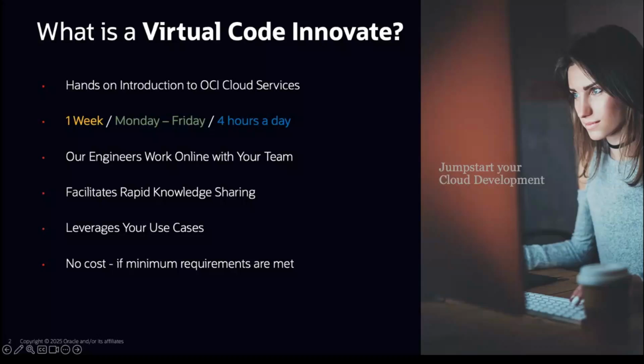We're going to identify different tasks to complete, and we're going to partner with you over the course of essentially half a week to develop a minimally viable product, or an MVP. Whether you're novices in Oracle Cloud, or you're pros, or you've been using it for a long time, you're welcome to participate. Code Innovate is all about building real solutions for your organization's most pressing business cases that you identify.